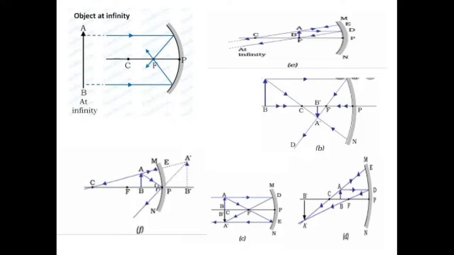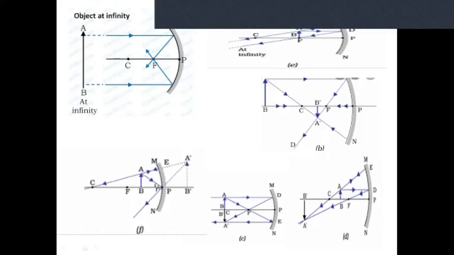In the next figure, the object is placed between F and P, and the image is formed at P. And we are placing the object at F. The image is formed at infinity.